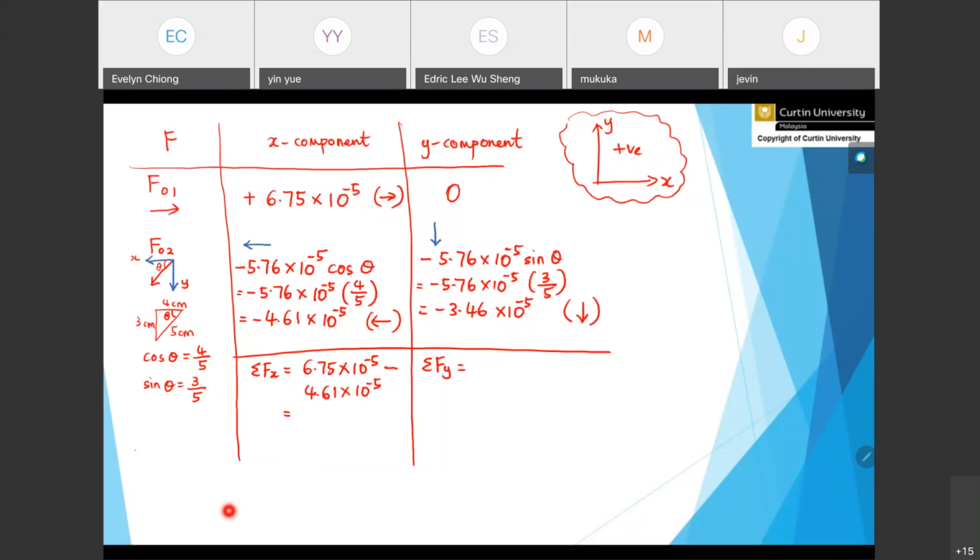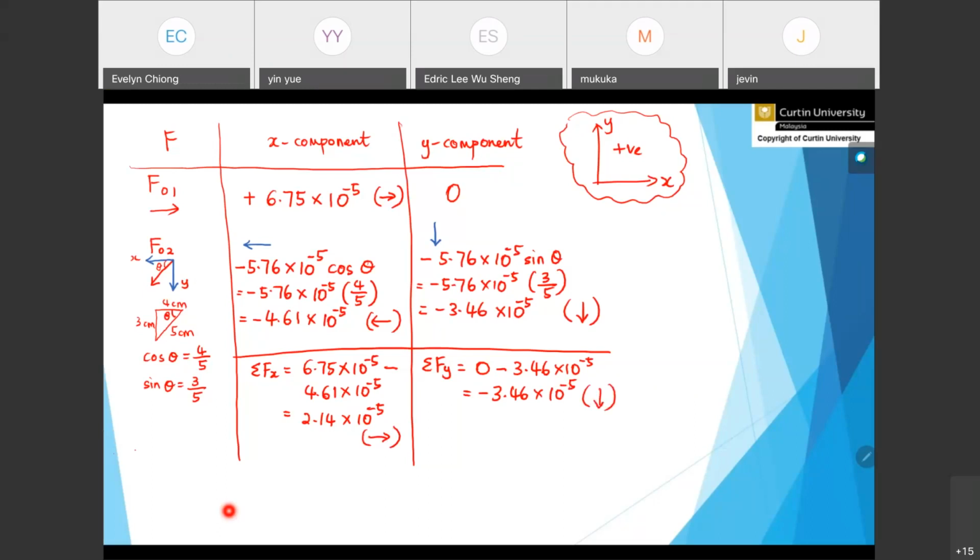So this one you will get equals 2.14 times 10 to the power of negative 5. Then Fy, you have 0 minus 3.46. All right, so this one in the end is positive, right? So it means that it is pointing to the right. And this one still negative, so it is pointing downward.